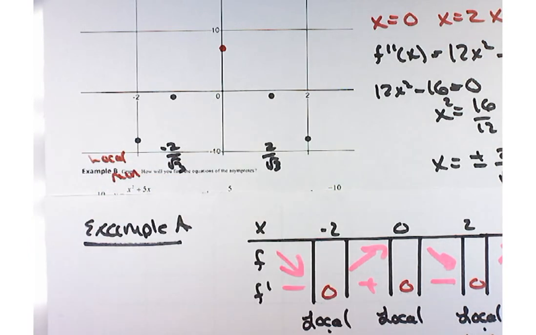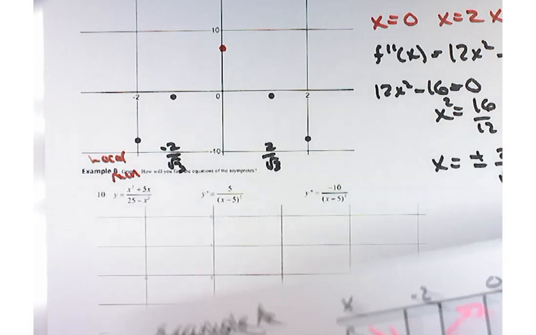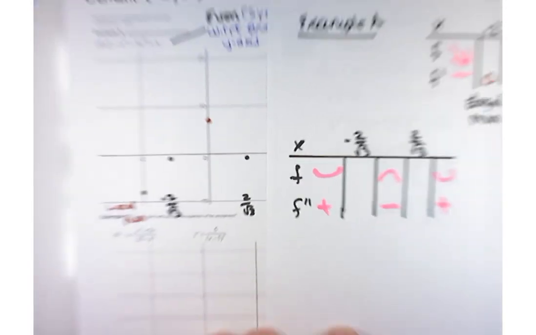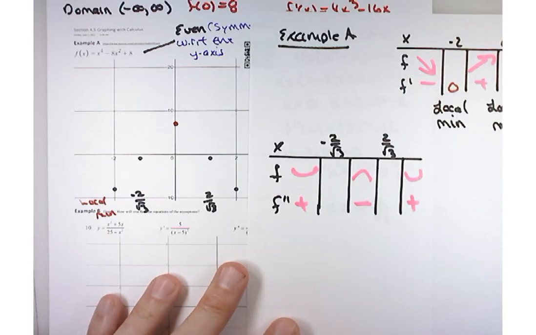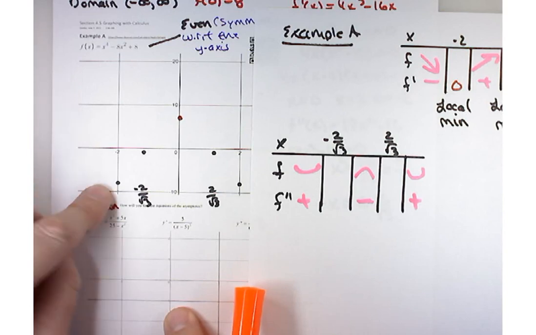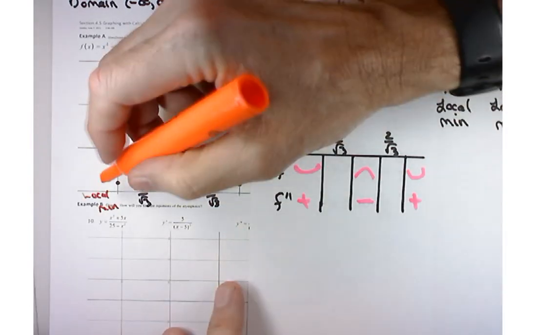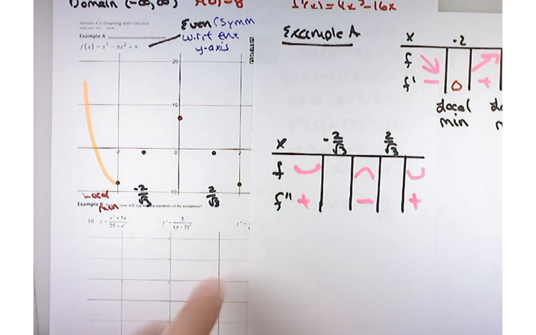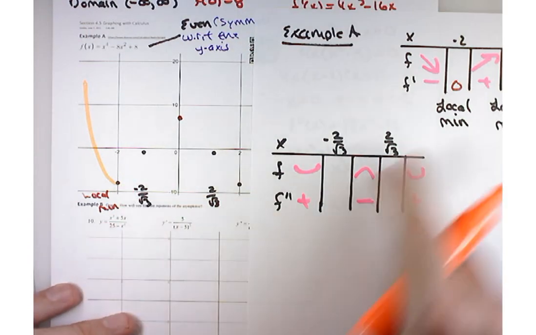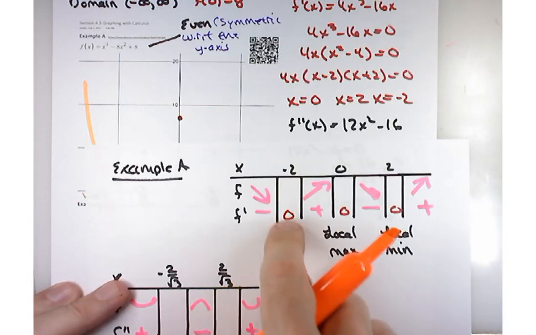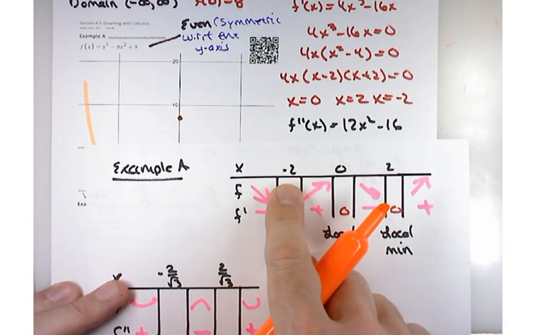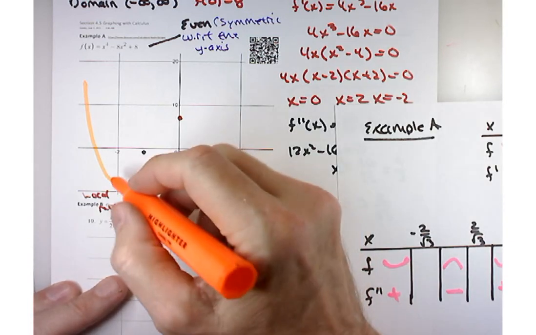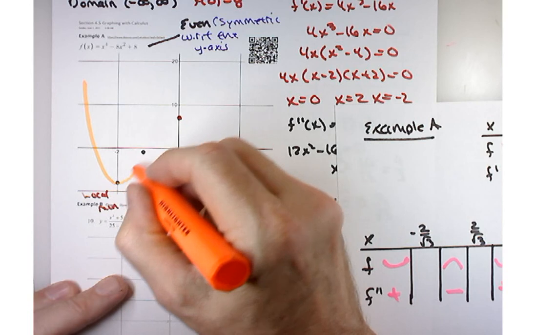So, all right, let's see if we can't draw something that brings all this information together. So it's going to be decreasing until I get to here. So it's going to look like that somehow. And then it gets there, it bottoms out, it has a minimum at -2, and then it starts increasing. And I'm going to have it increase until I get to this point.